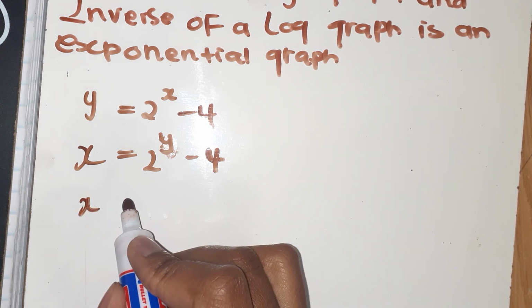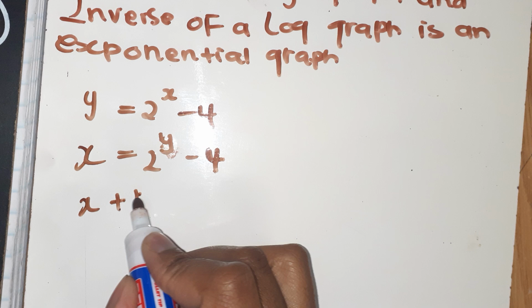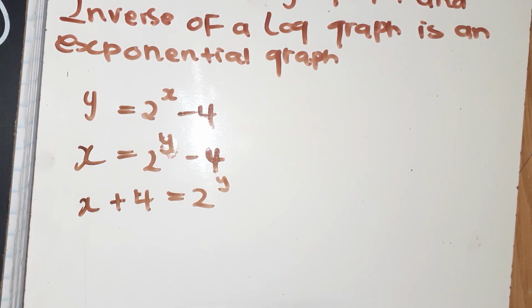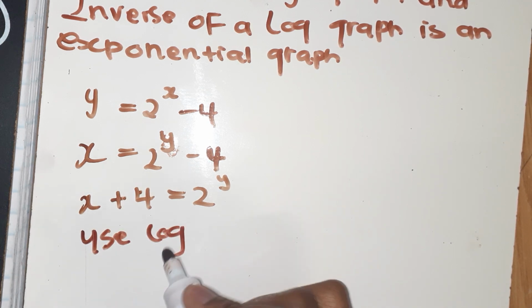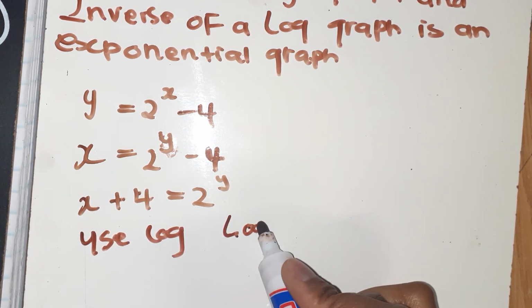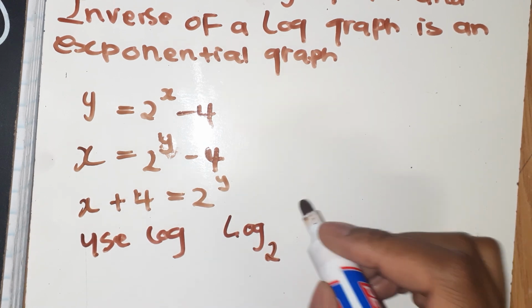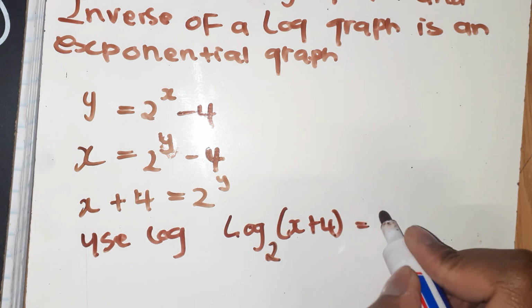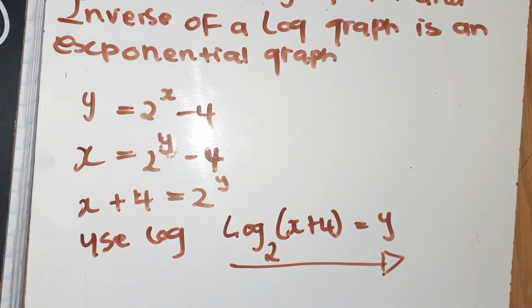So we will have x plus 4, the 4 will come this side, equals 2 to the power of y. So we can use log. So we say log 2, and then in the bracket it will be x plus 4 equals y. So this is the new formula.